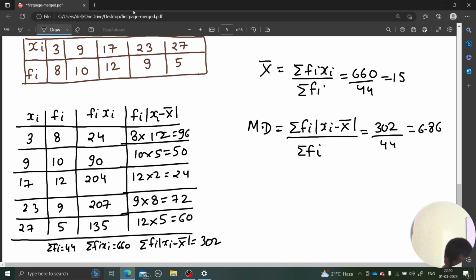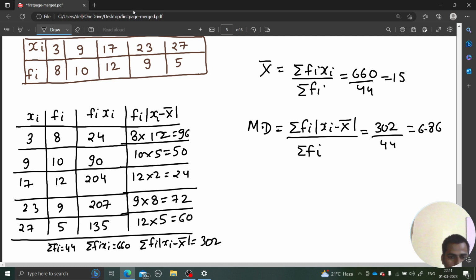Summation fi is 44, summation fi xi is 660, summation of fi modulus of xi minus 15, this thing I have done wrong. They have got 312, 96, 24, 72, 60.